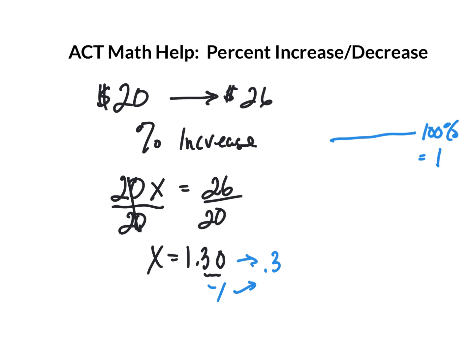So this, as a decimal, we have 0.30. As a percent, remember, to convert, we just move it 2 spots. So we had a 30% increase in our price. Okay? It's how much over 1 we were.